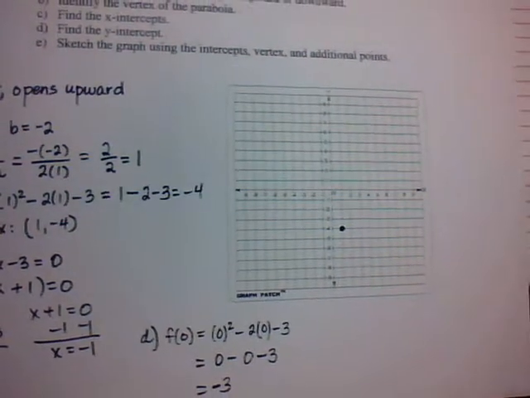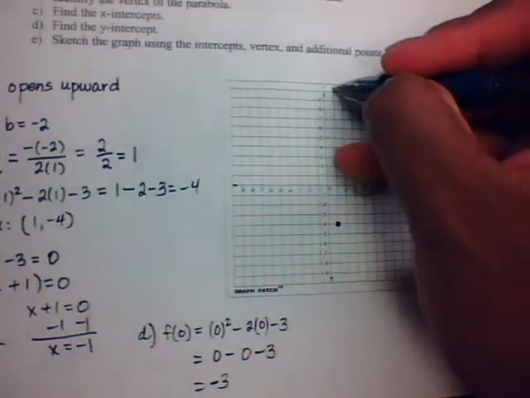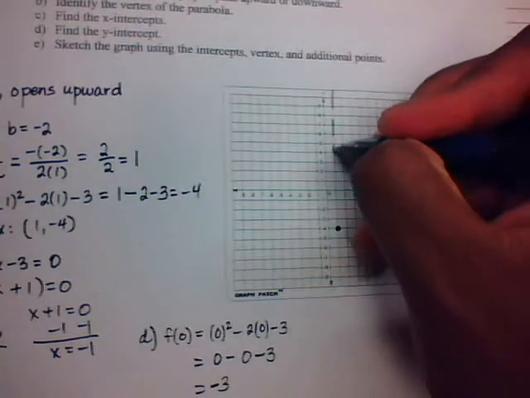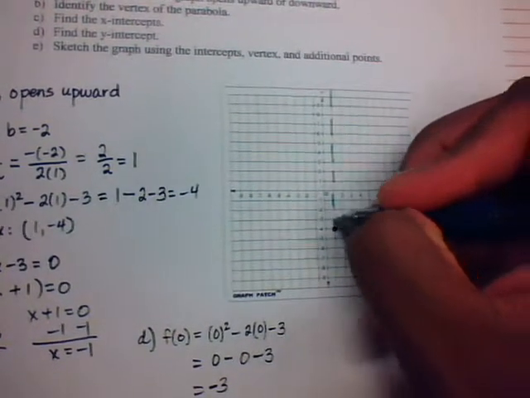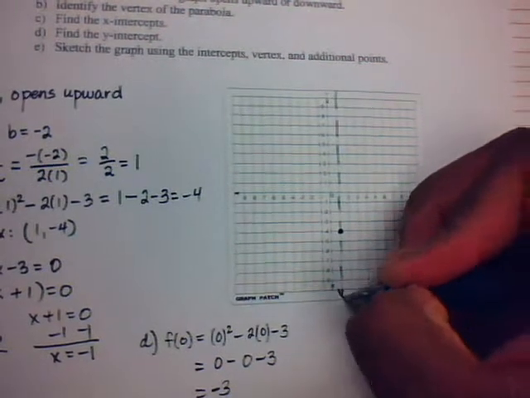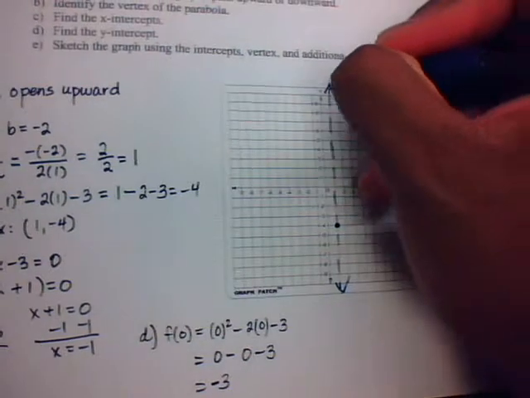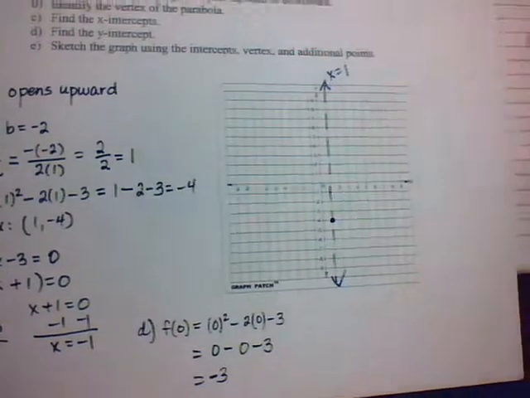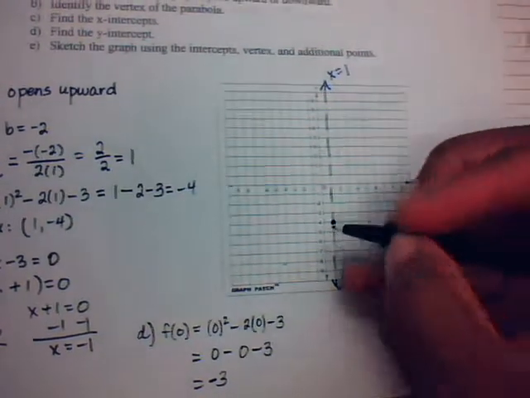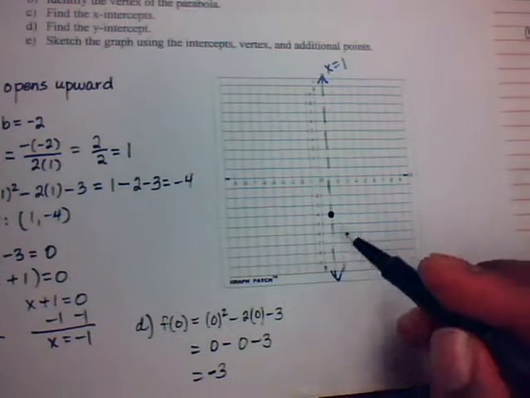If you want to, you can draw your axis of symmetry. The axis of symmetry always crosses the vertex. And that axis of symmetry, of course, is x is equal to 1. This is a vertical line that crosses the vertex.